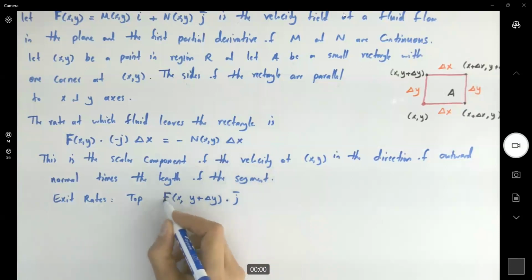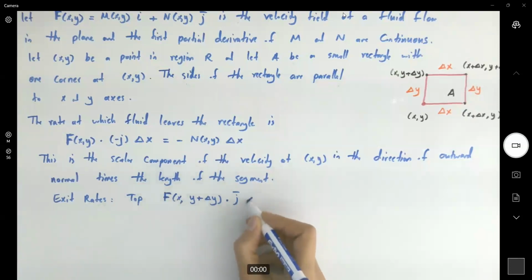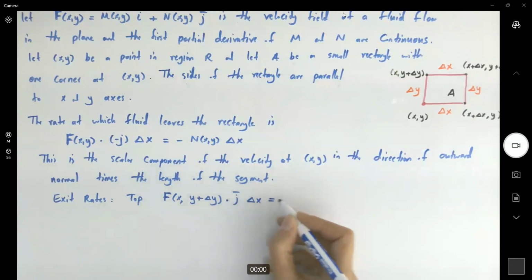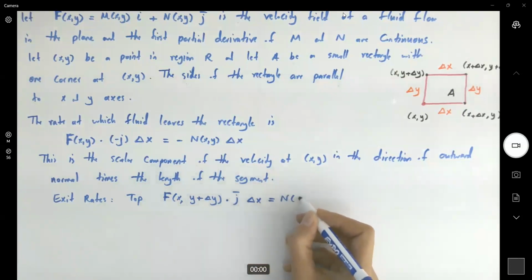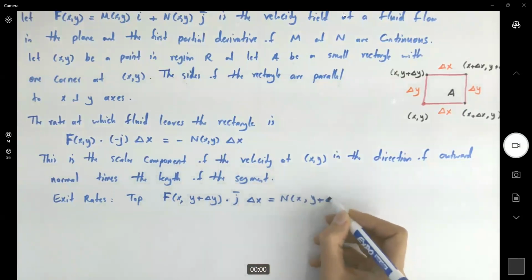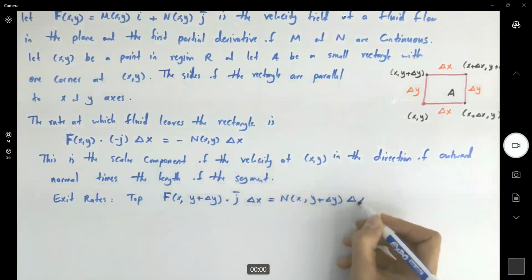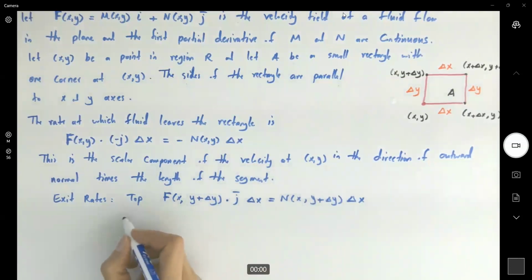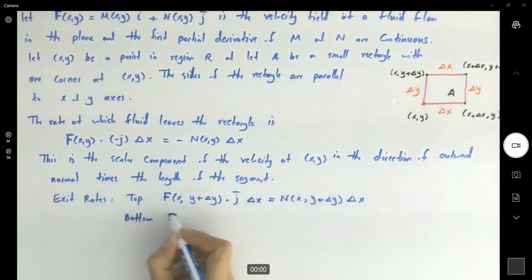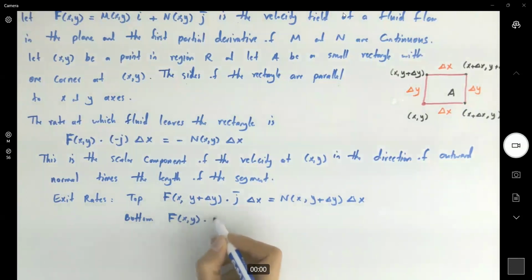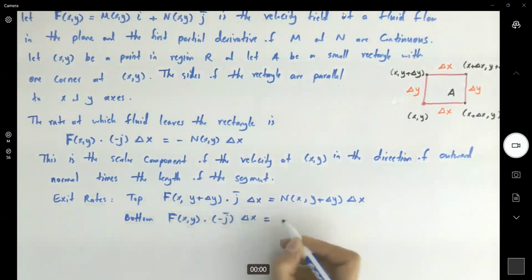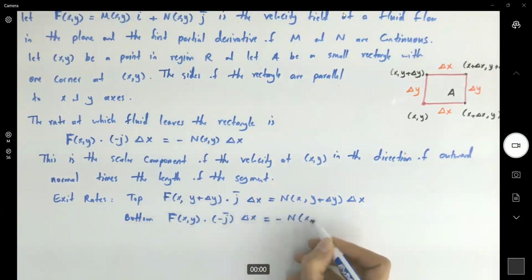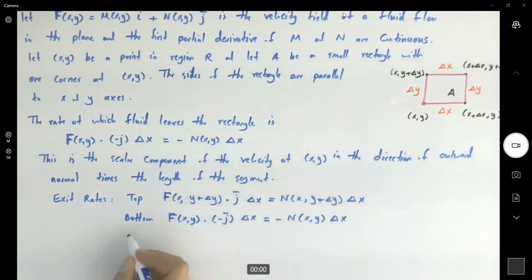We have the vector field dot j delta x, which is equal to n of x and y plus delta y delta x. And for the bottom, you have your vector field at x, y dot product with negative j delta x, which is negative n of x and y delta x.